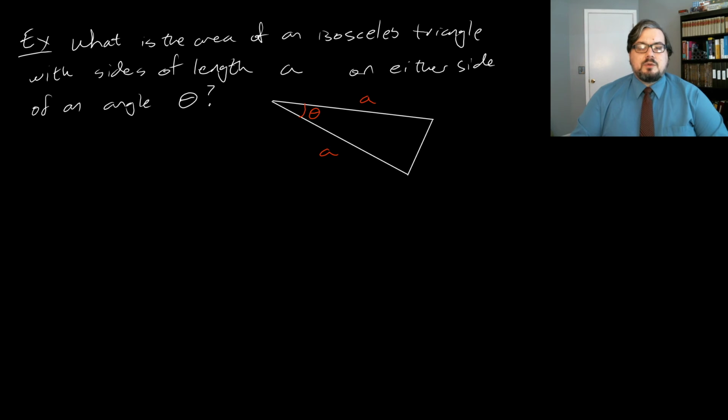Now, the way that we can do that is by constructing a right triangle, or a couple of right triangles, actually, out of this.